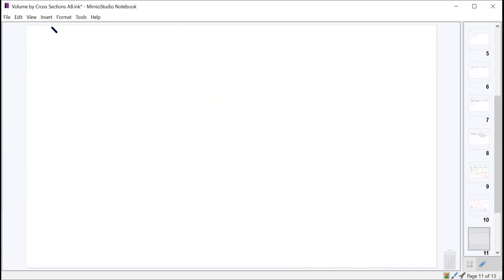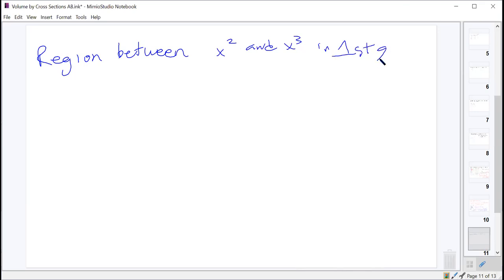Let's take the region between, how about, let's just go between x squared and x cubed, let's say in the first quadrant again.